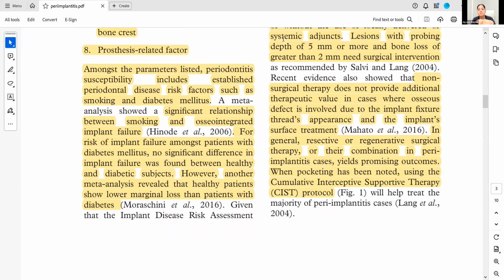Non-surgical therapy does not provide additional therapeutic value in cases where the osseous defect is due to the implant fixture's thread appearance and the implant surface treatment.